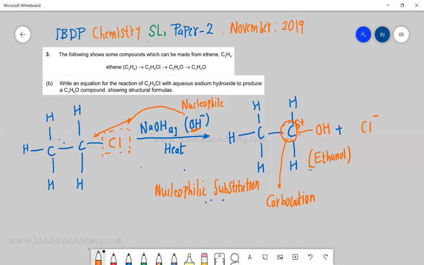It had become a carbocation after the leaving of Cl minus, and so it gets attached. That's why this is called a nucleophilic substitution. Extremely simple concept. So we get basically ethanol. Very, very simple. It's an alcohol, OH.